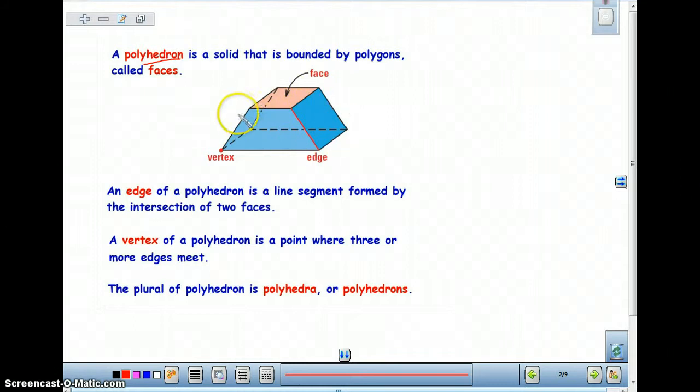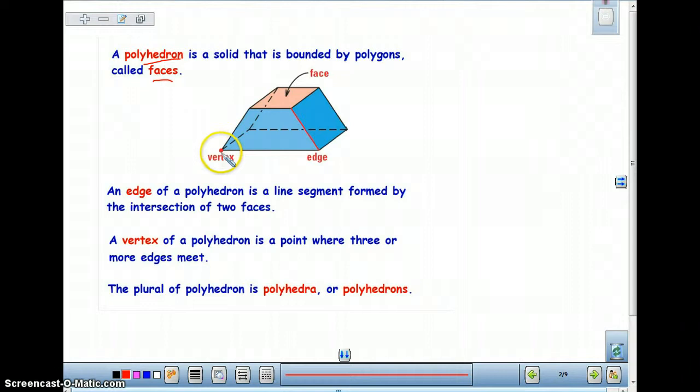As you can see, all around this is a whole bunch of polygons that make up this polyhedron. All the polygons in there are called faces. The edges are the lines that intersect all of the different polygons that make it up. And then we have a vertex.